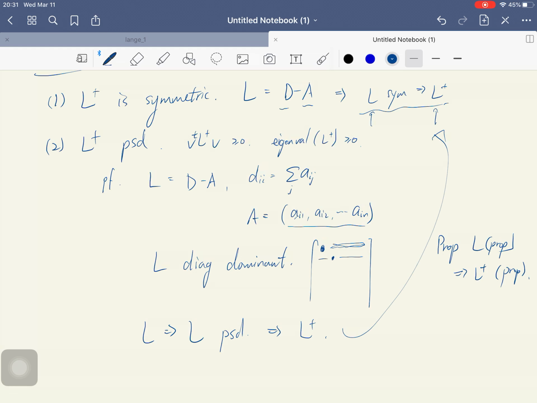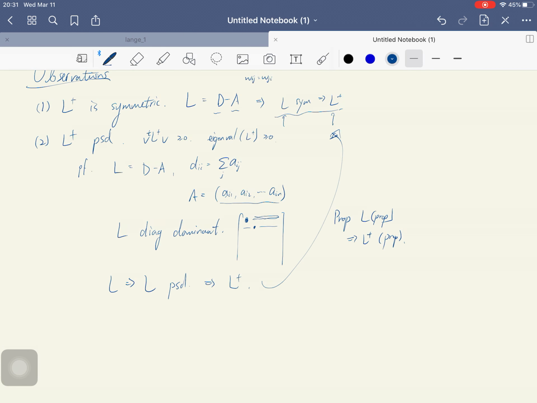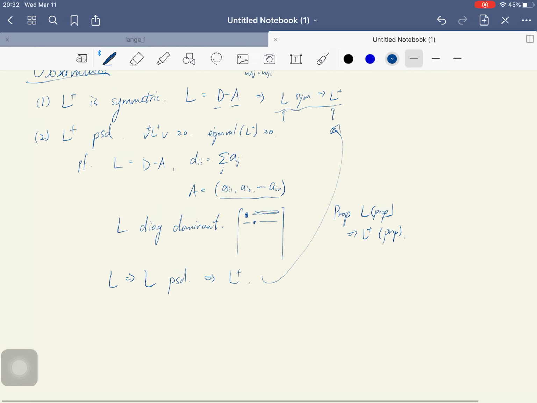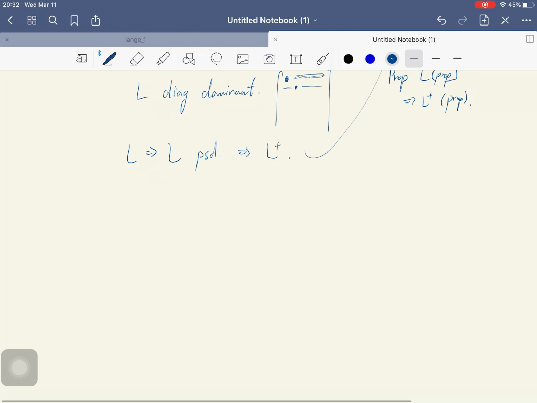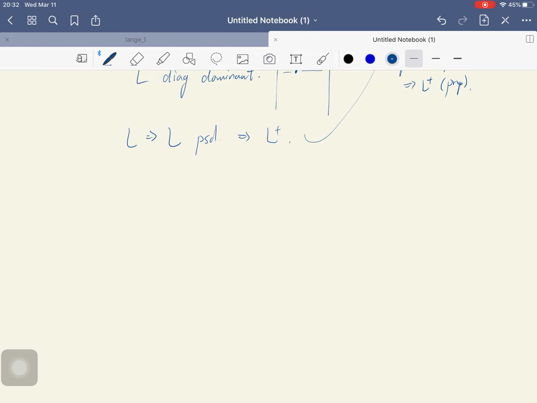I don't know if this is true in general, it's probably not, but a lot of the properties it has, this is generally true. So why did I say all of this? It's just because we want to establish that L plus, the pseudo inverse of L, will define an inner product.